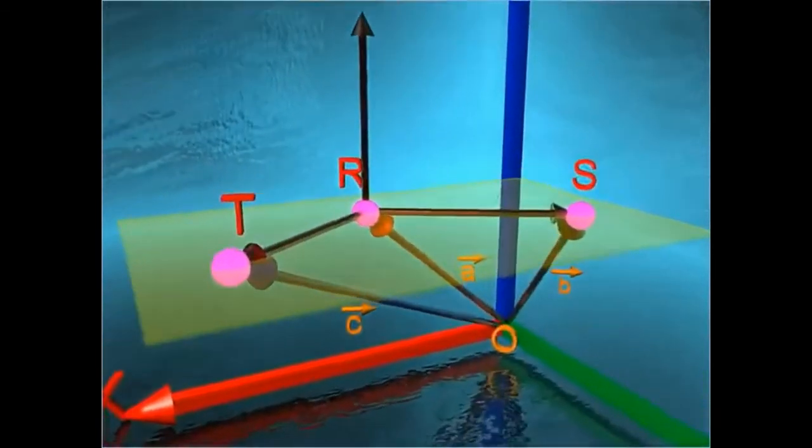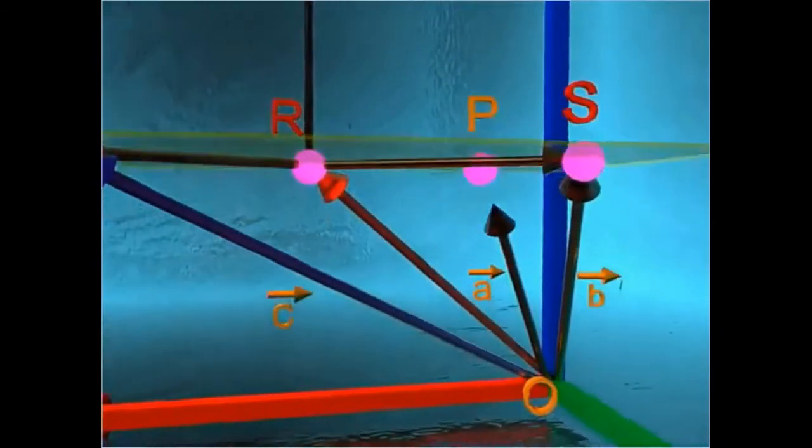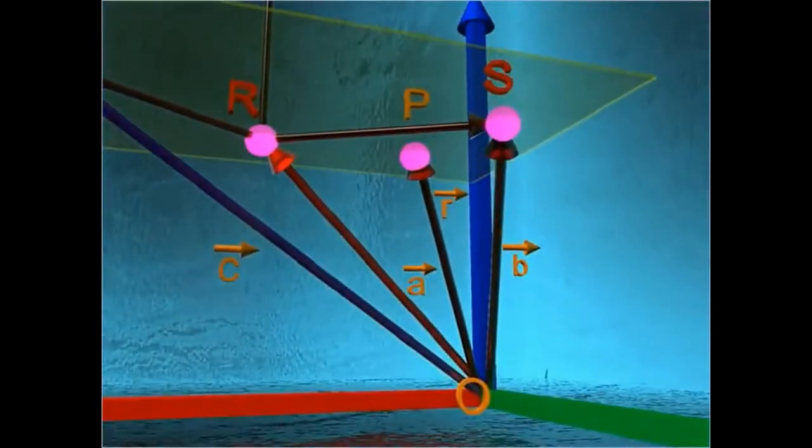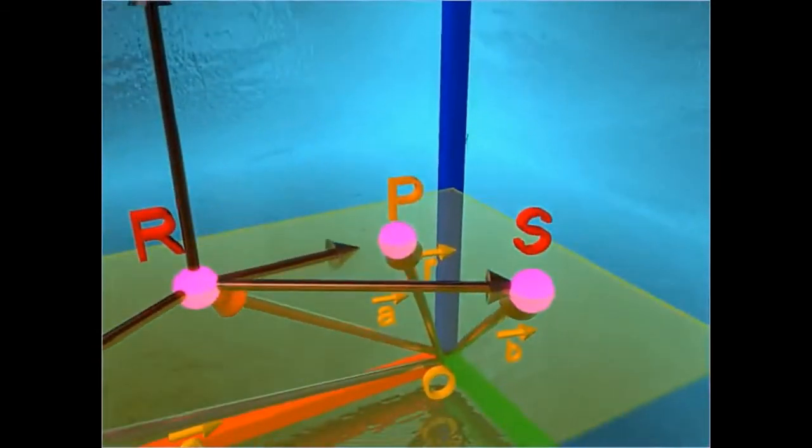Now, consider any point P on the plane whose position vector is vector R. Now, you see that the vector joining points R and P is represented by vector RP.